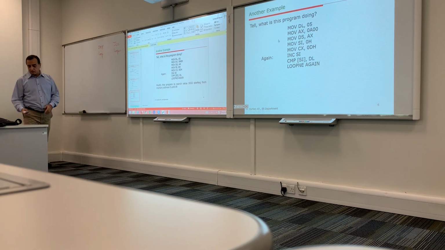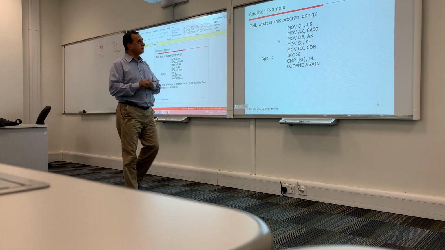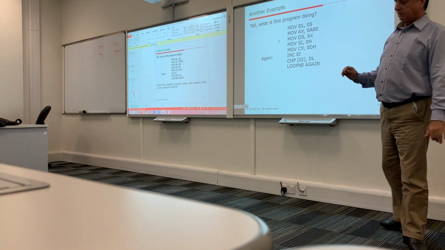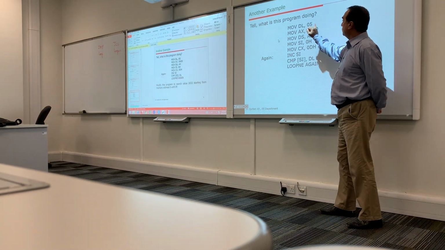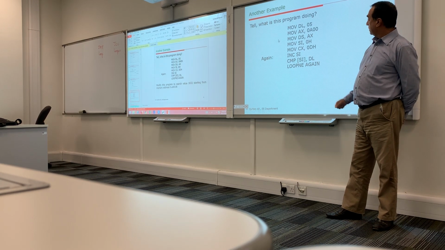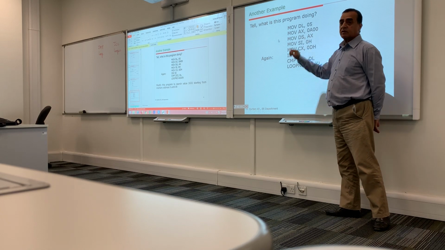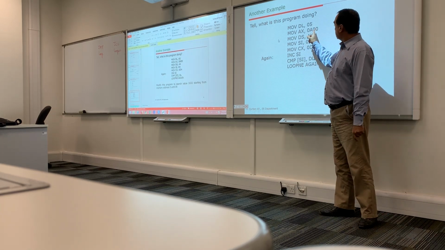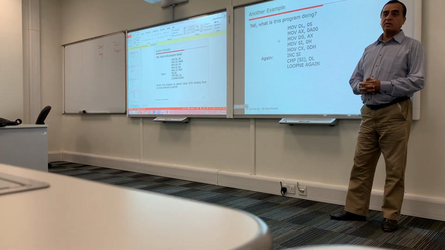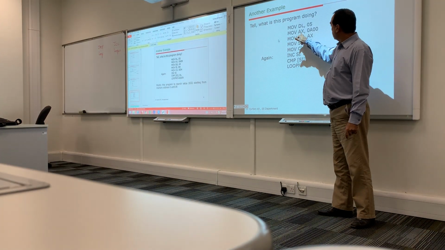What is this program doing, and there is a LOOP instruction. Let's go line by line. It says move 5 to DL, right? Then we say move A00 to AX and AX to DS. So this value going to DS means we are initializing the base address, because DS contains this.